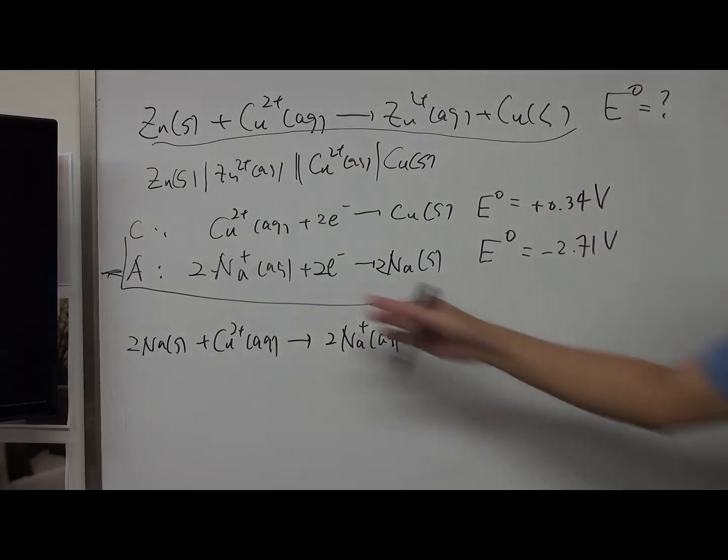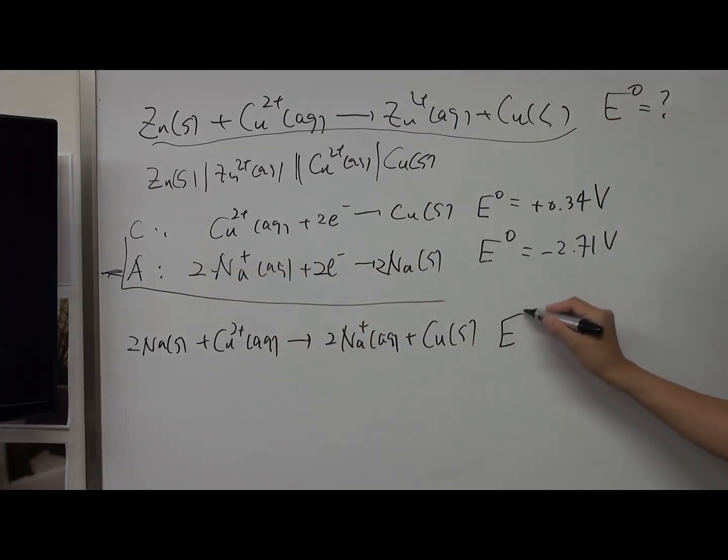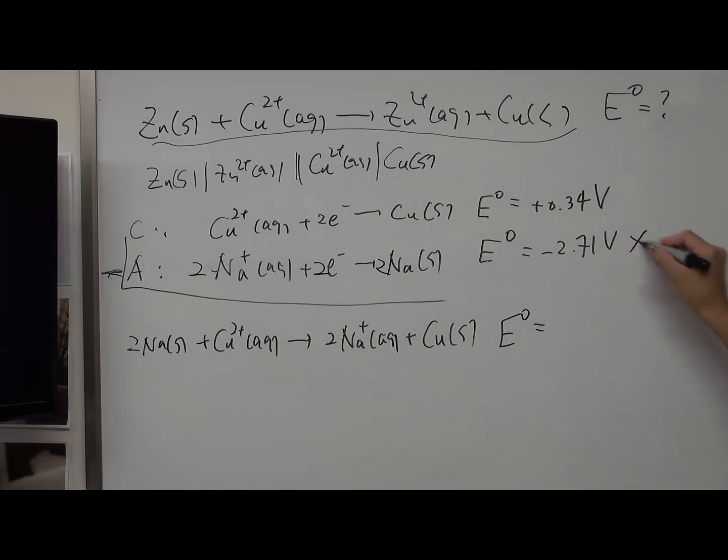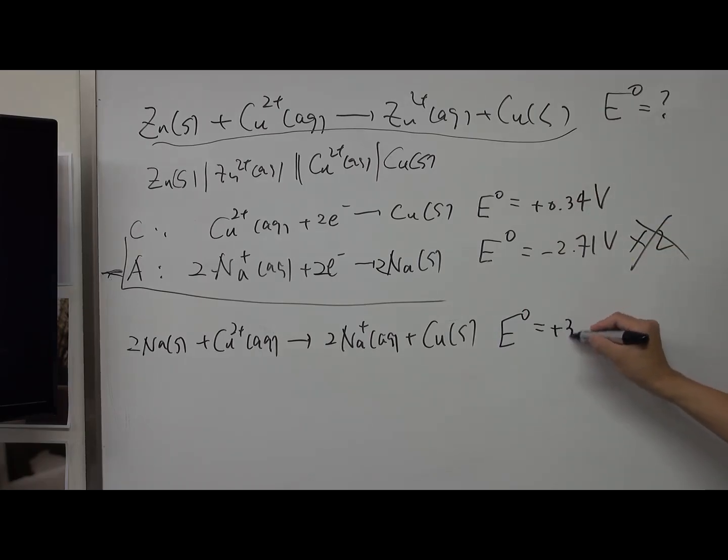Okay, you multiplied by 2 on both sides, but you should not multiply the potential by 2. What you need to do is simply subtract it.